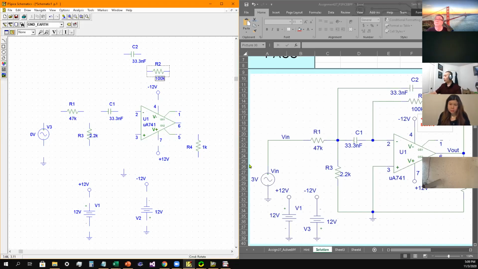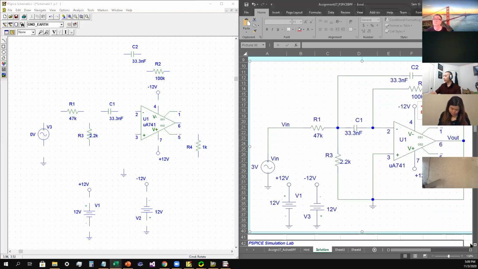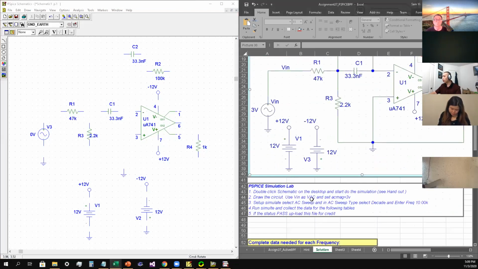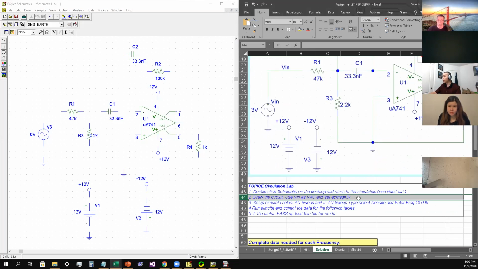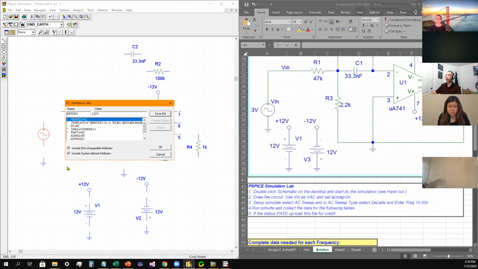And then R4 looks like 1K, so we're good to go there. Everything looks pretty much labeled, and now I have to go to my VN and make that label before I do my connection. According to the instructions, for VAC, AC max is 3 volts. So I come in here, double click on this component, and click on AC MAG, which equals 0 volt.